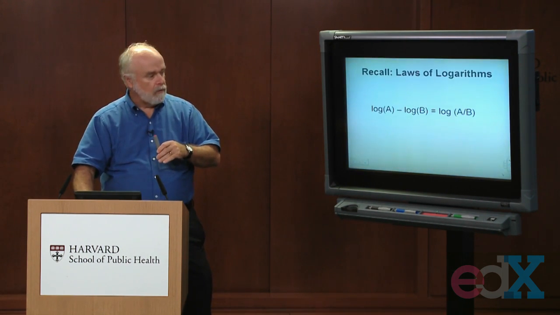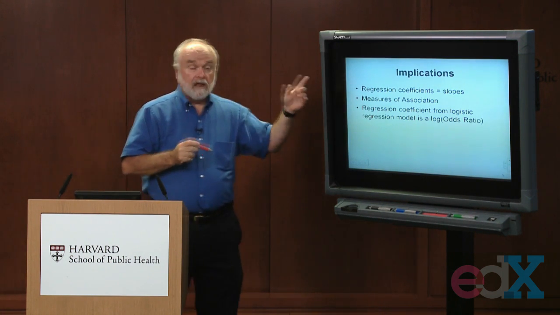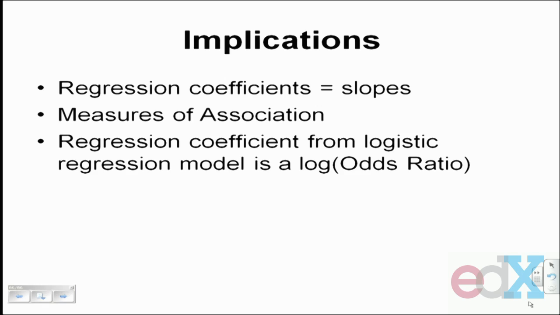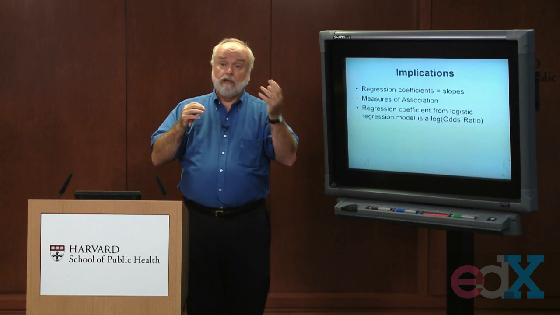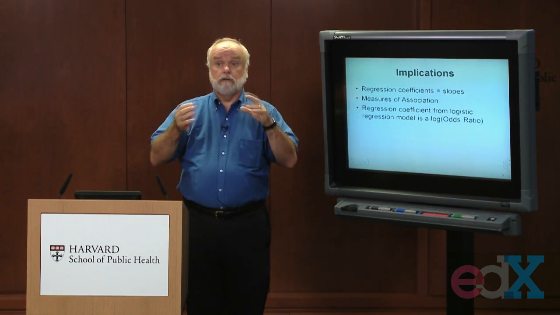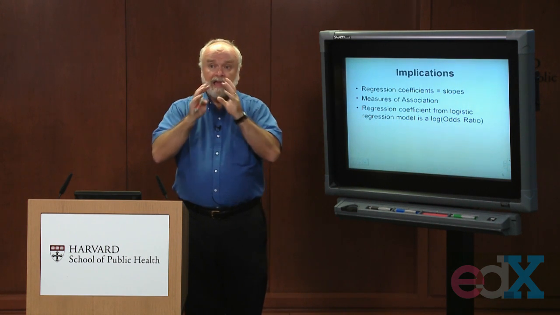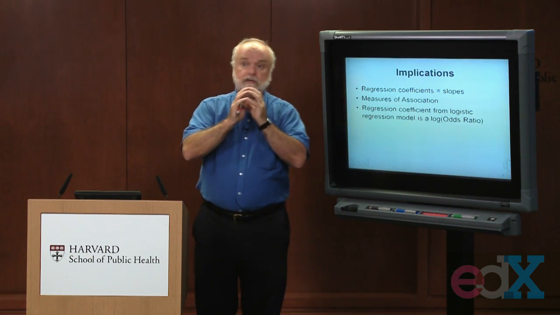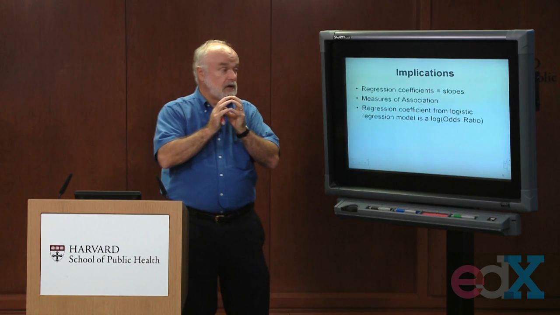So what's the summary I want to drive home here? In general, for any regression model, these coefficients can be interpreted as slopes. Slopes have that nice meaning as the change in your y value for an increase in x value. If your y value represents an outcome like developing disease, the risk of developing disease or the log odds of developing disease, these slope coefficients have nice interpretations as measures of association.